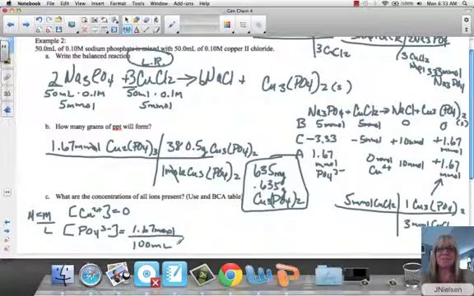Which, if you divide millimoles by milliliters, the milli cancels, and you're going to get 0.0167 molar. So that's PO4.